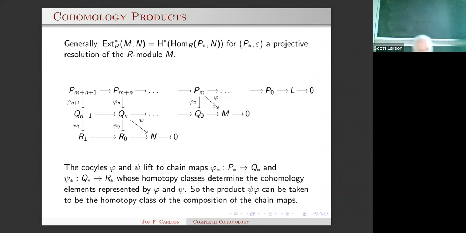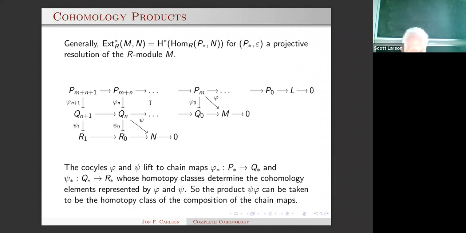That is because the upper sequence is projective and the lower sequence is exact. By definition of projective module, I can get this map phi sub 0 from PM into Q0. And then this just propagates along and you get a chain map on this projective resolution.